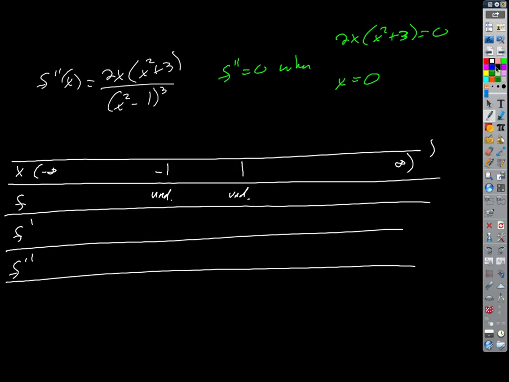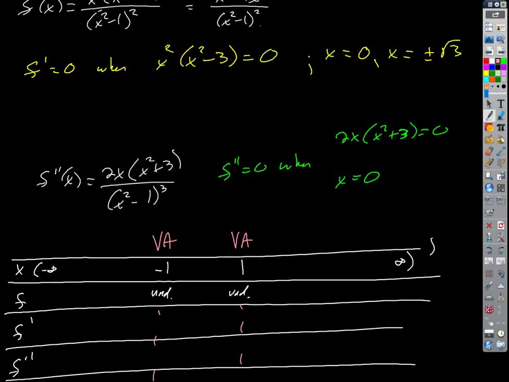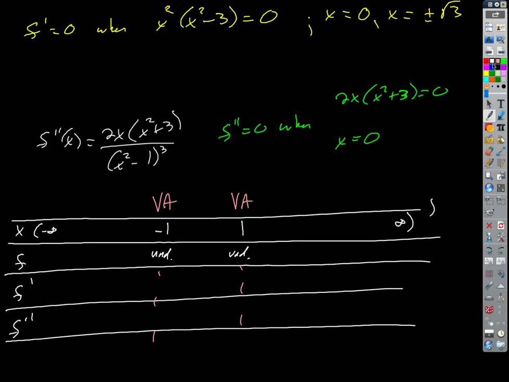Okay, we can add vertical asymptotes there. We had 0 end up being a critical number of the first and second derivative, right? So what happens there? Well, the jury's still out. We don't know yet. It's either going to be a point of inflection or it's going to be an extremum.